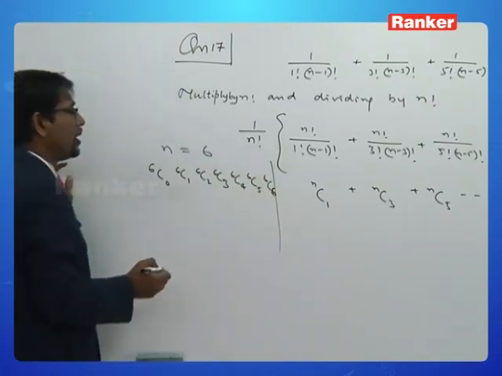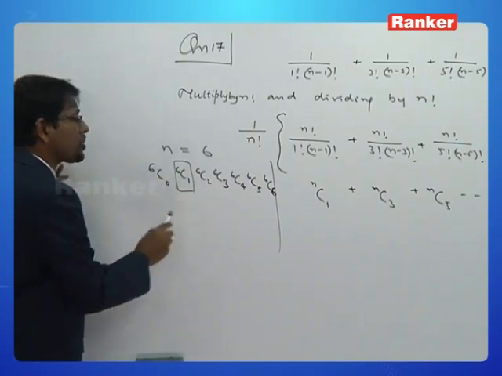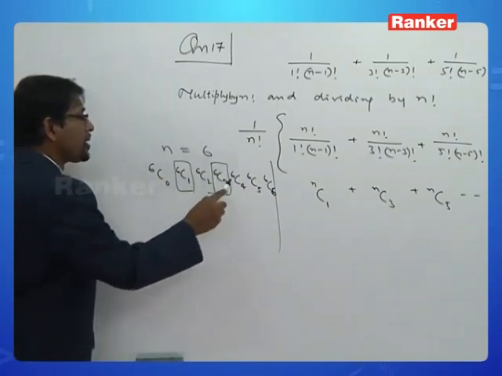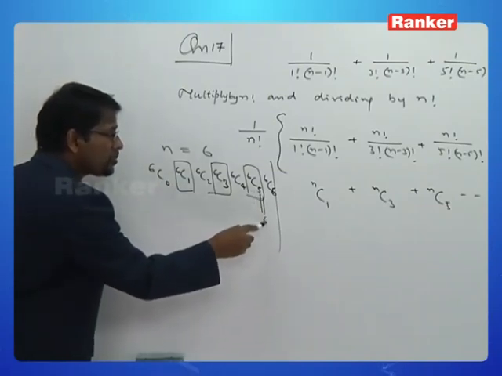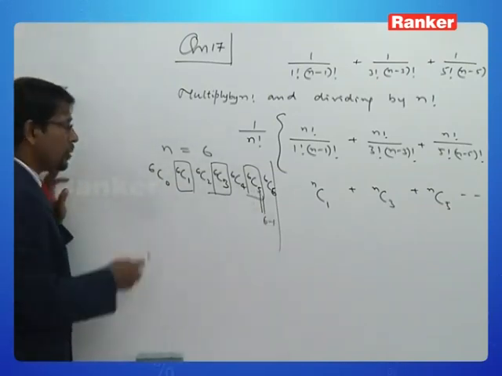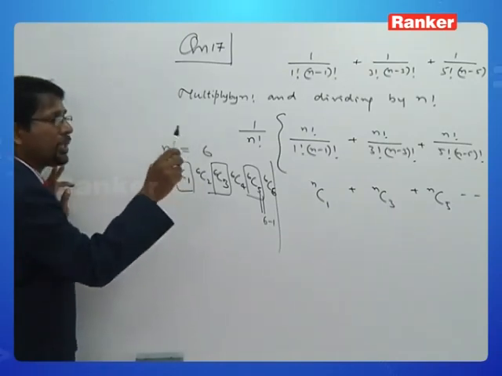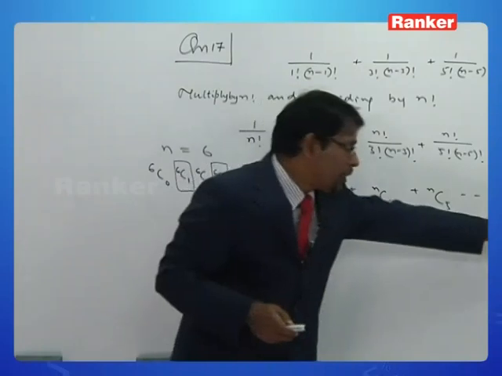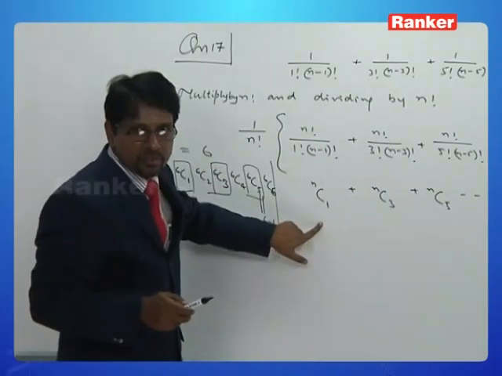Now we are listing out only the odd suffixed binomial coefficients: 6C1, 6C3, 6C5. So this 5 happens to be 6 minus 1. So we are listing out from nC1, nC3, so on up to nC n minus 1. That will be the last binomial coefficient with odd suffix here.